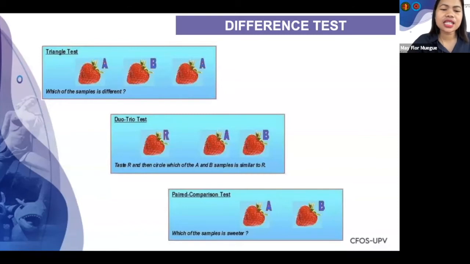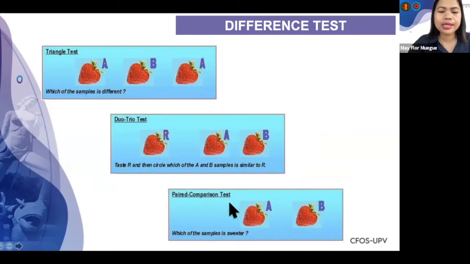And then this is the duo trio test. You have a reference sample represented by this R. And then you identify which of A or B is similar to R. So that's a duo trio test.